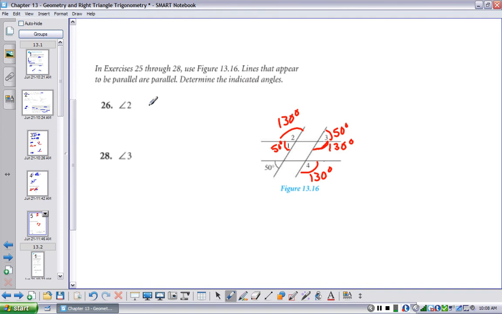So number 26, angle 2 is 130 degrees, and number 28, angle 3 is 50 degrees.